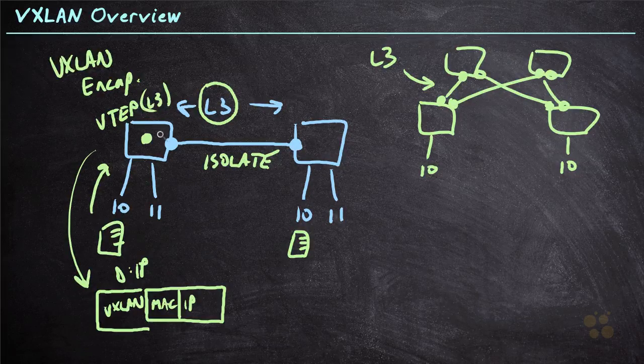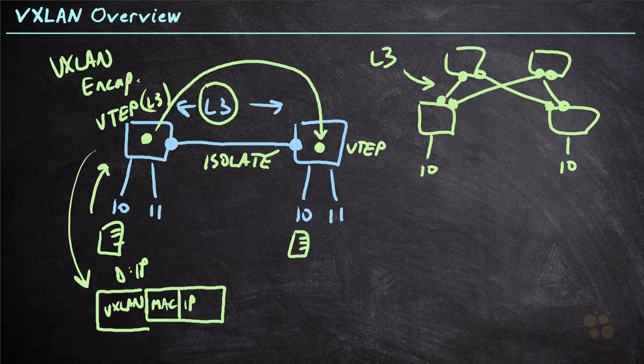And it's simply going to send that packet layer 3 over to the second switch on the right, destined for another VTEP. Now that switch on the right is going to strip off the VXLAN header, and now look what it has. It has the original layer 2 frame that the server on the left had originally sent to the server on the right. And so it can just look up the MAC address and send it down to the appropriate destination.